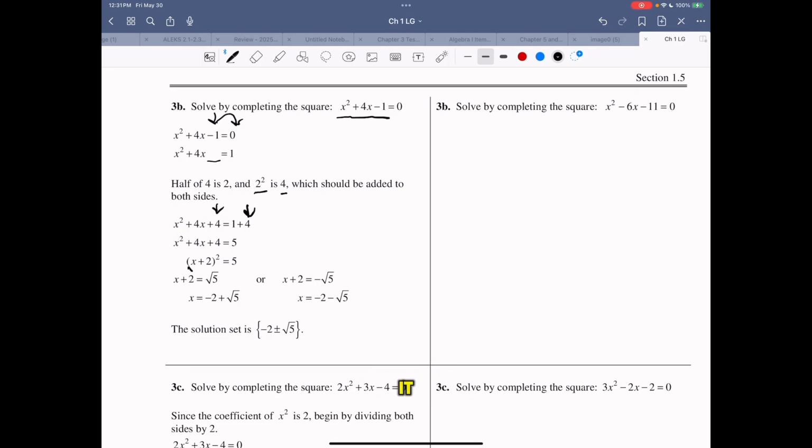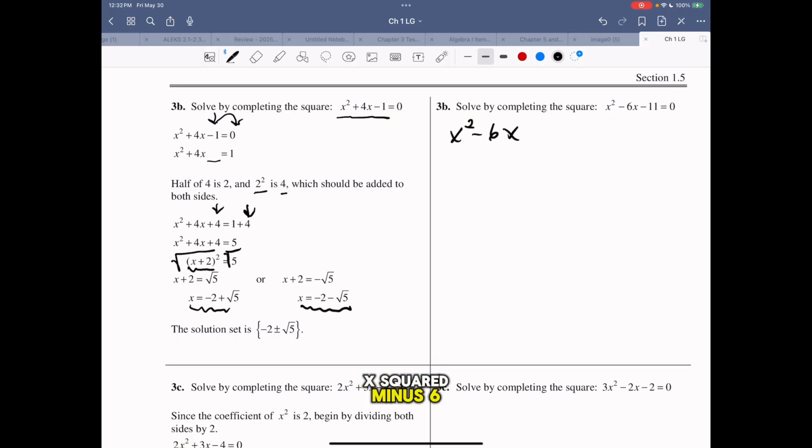Then you can condense it, and then you take the square root. That's how you get rid of the square. So you take the square root of both sides, and then you just simplify down to where you get these two.